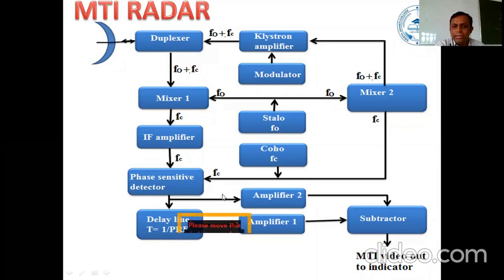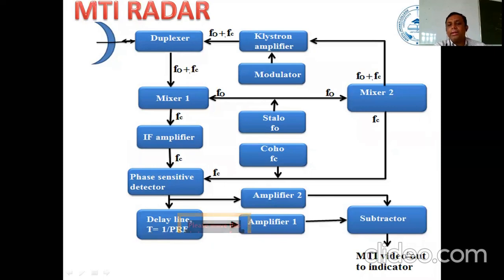That change is identified here: we waited for a delay line of t equal to 1 by PRF, and we found a change in phase shift, which we subtract with the help of a subtractor and get one particular value. Then we come to know that there was a moving target and our radar has identified it.